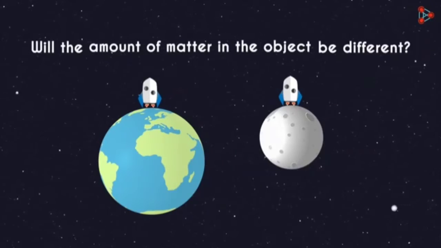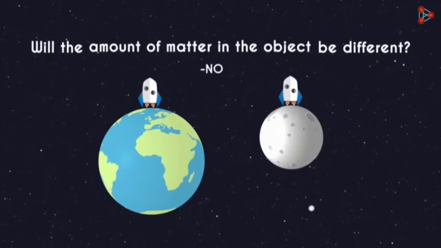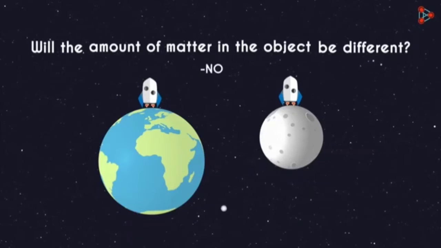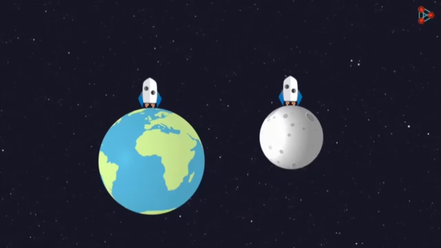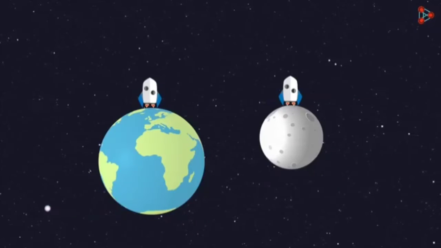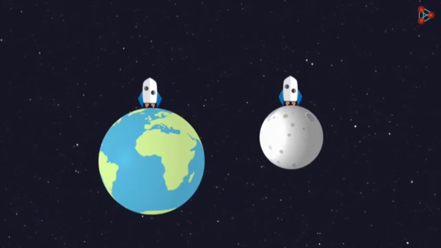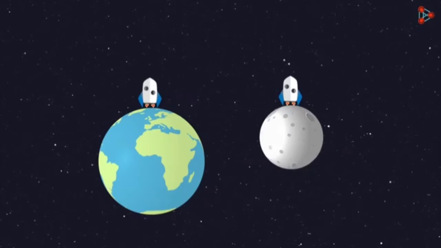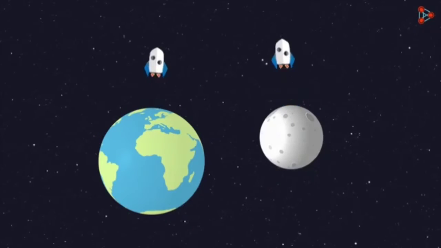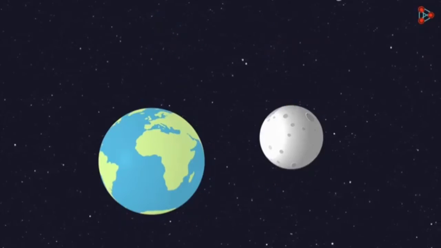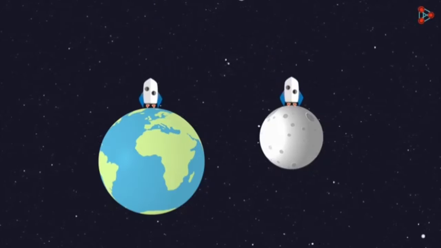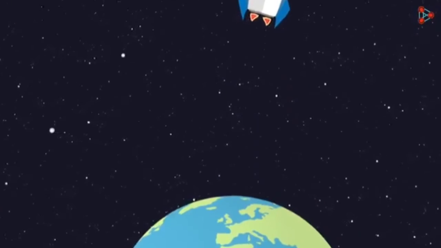In these cases, absolutely not. The matter in the object is not changing at all. That is why the masses will be the same in each of the cases. So students, what will we conclude from it? We conclude the mass of the object remains the same in all the universe.